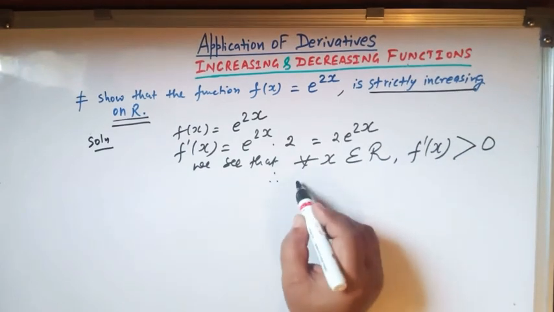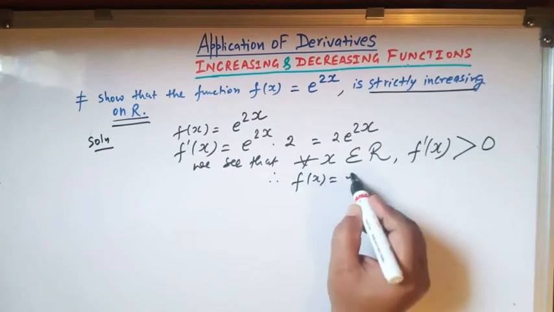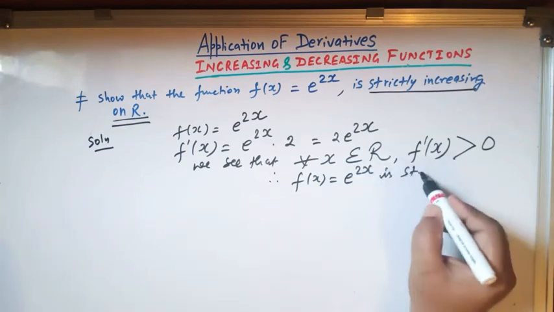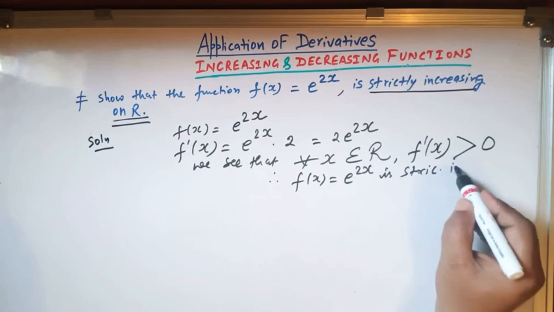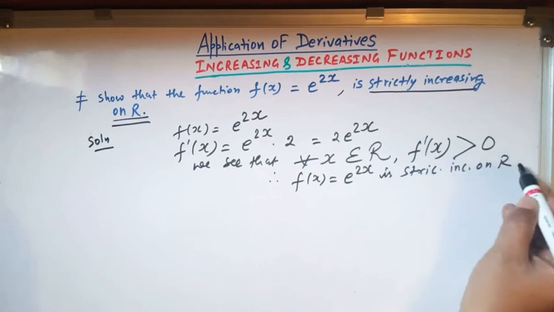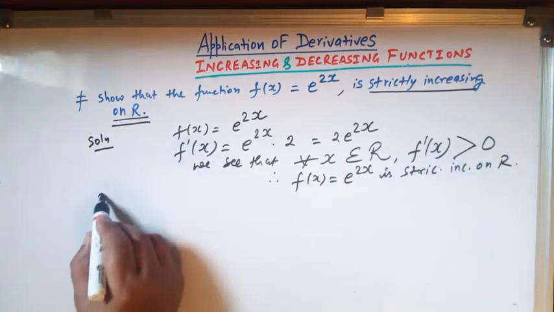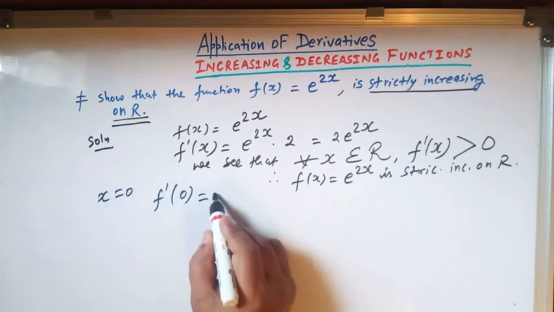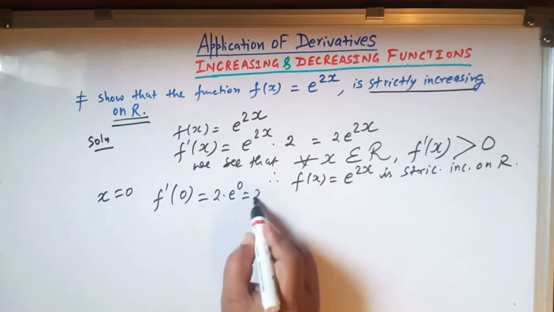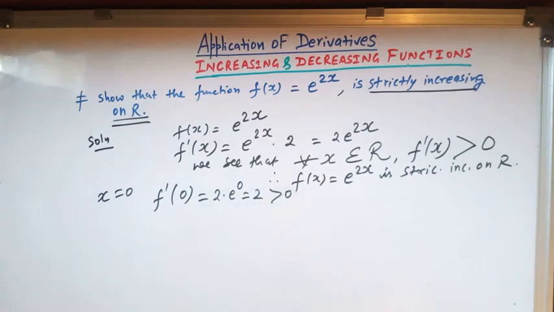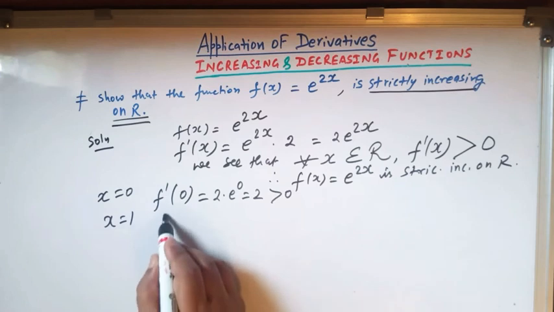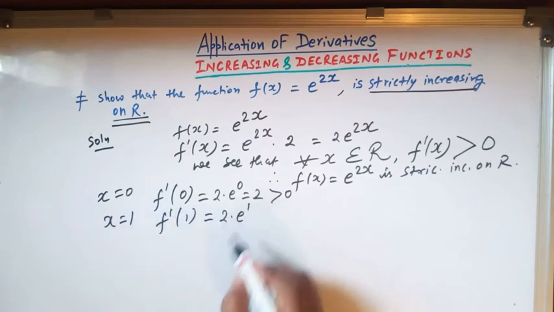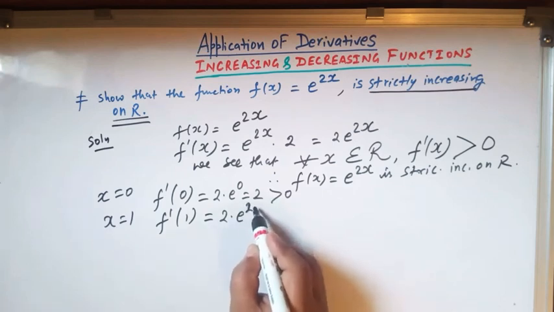Therefore f(x) equal to e raised to 2x is strictly increasing on R. See, if we have x equal to 0, f prime of 0 is 2 times e raised to 0, which is 2, which is greater than 0. If x is 1, f prime of 1 is 2 times e raised to 2 times 1.